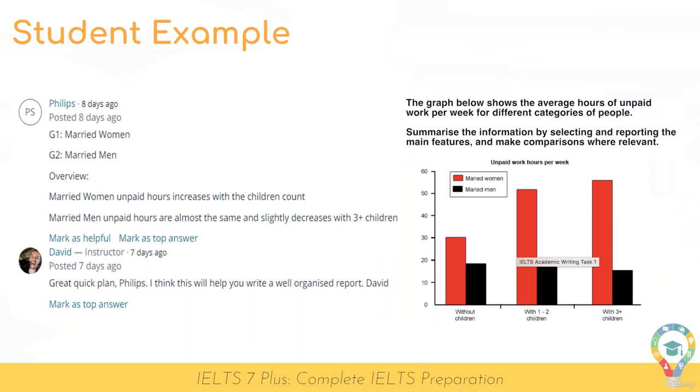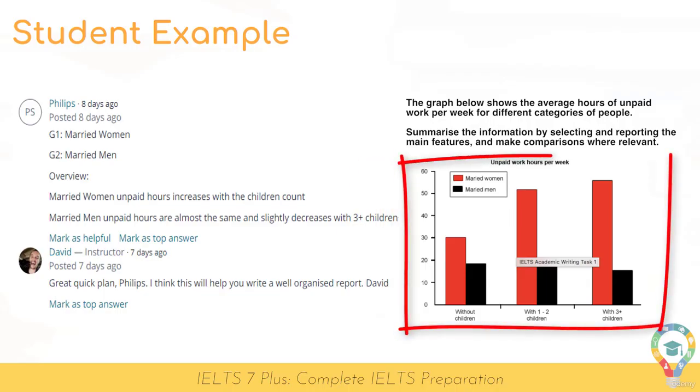So as always, start with the title, which is Unpaid Work Hours per Week. Just below that, in red, we have married women, and in black, we have married men. Along the y-axis is the amount of unpaid hours per week going from 0 to 60.